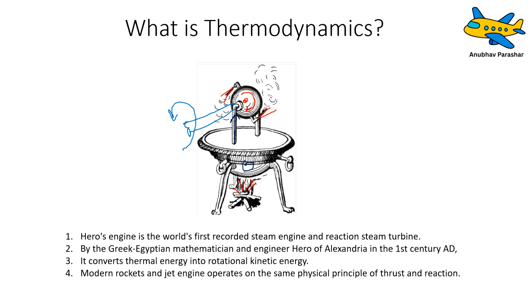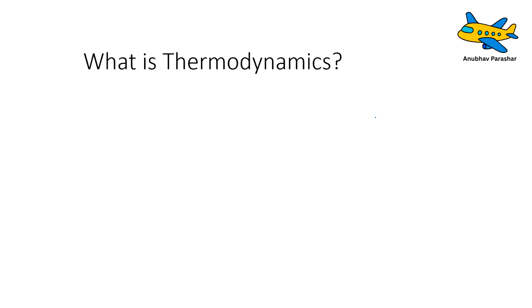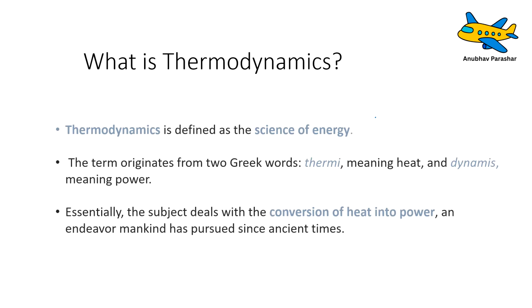Now, the understanding of thermodynamics starts from here, because basically, thermodynamics is nothing else but the study of science, if I say it, of how heat is converted into power. And we have been trying to study this subject for a very, very long time. The Hero's engine is an example which was designed 2000 years back.